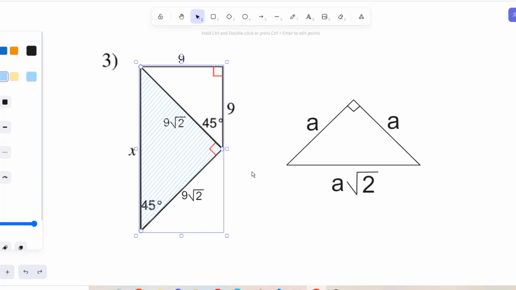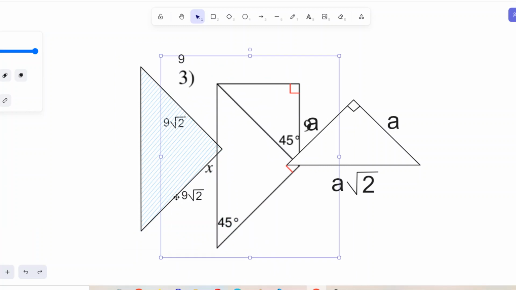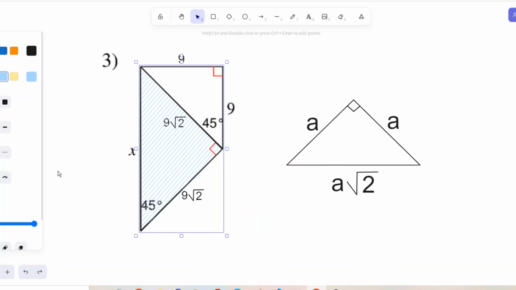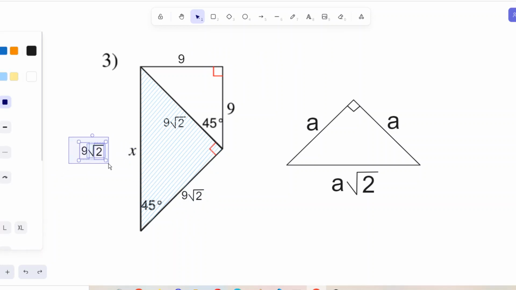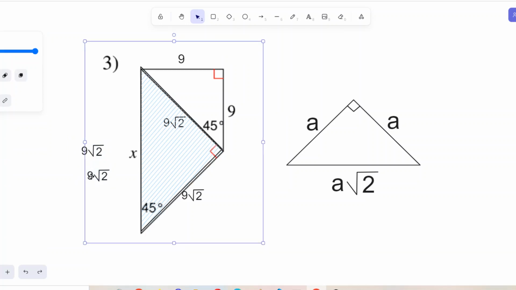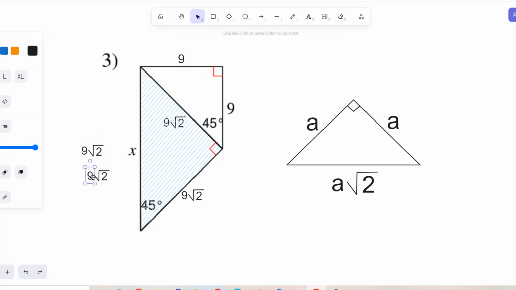In this case, it's 9 root 2 times root 2. So 9 root 2 root 2. Root 2 times root 2 is 2. So this would be 9 times 2. So x is 18.